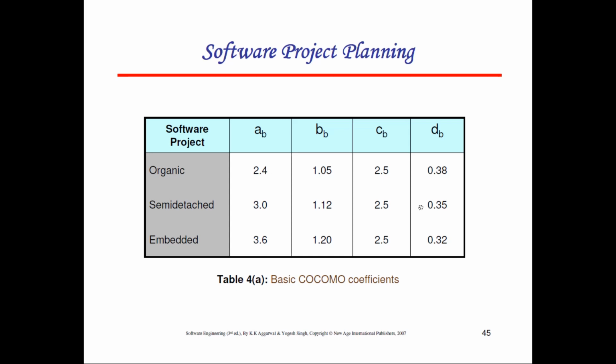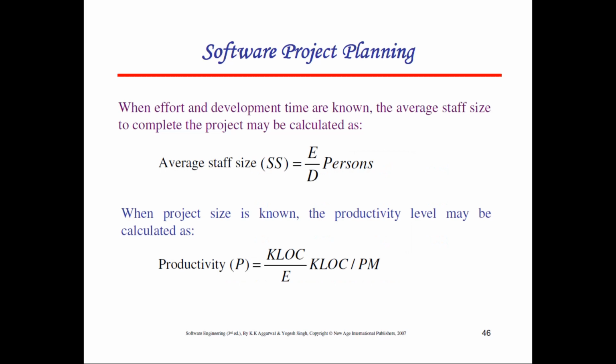When the effort and development time are unknown, we have to calculate the average staffing size also. Average staffing is calculated using effort divided by duration, per person. And when the project size is unknown, I don't know the KLOC, then the productivity level may be calculated using KLOC divided by effort, per KLOC per person-month.